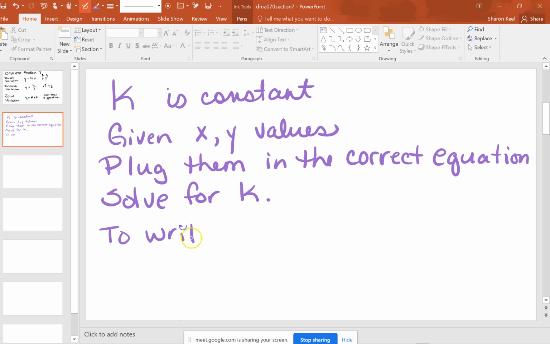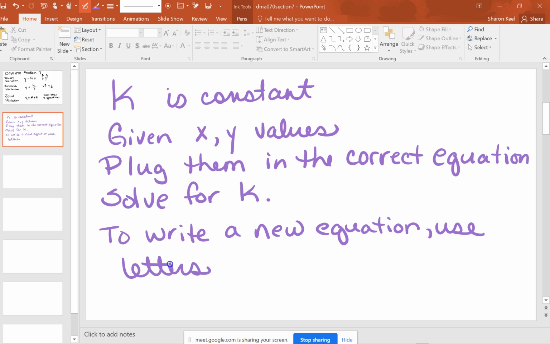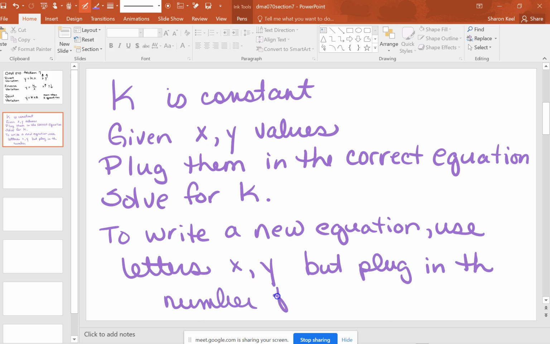To write a new equation, you're going to use the letters x, y, but plug in the number that you solved for the k. So I'm going to give you an example of this.